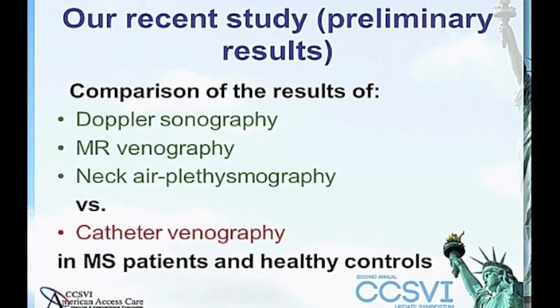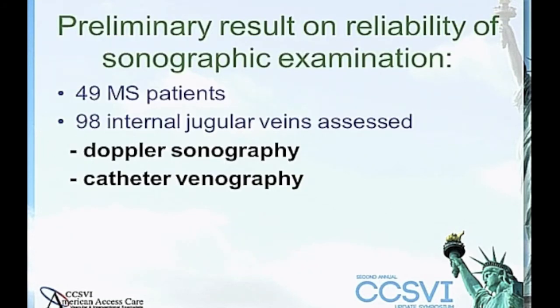And we also plan to perform these non-invasive tests in healthy controls. And here are our preliminary results regarding Doppler sonography in MS patients. At the moment we have results of 49 patients, so nearly 100 internal jugular veins were assessed by means of Doppler sonography and catheter venography.